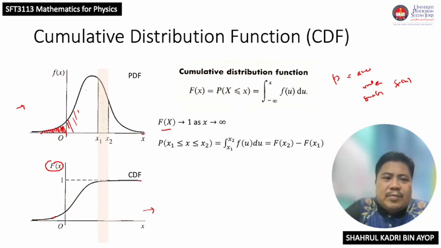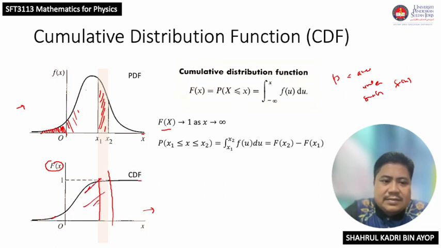And the probability between two borders is just the definite integral between the two borders, which is also equal to the value from here minus the value here.